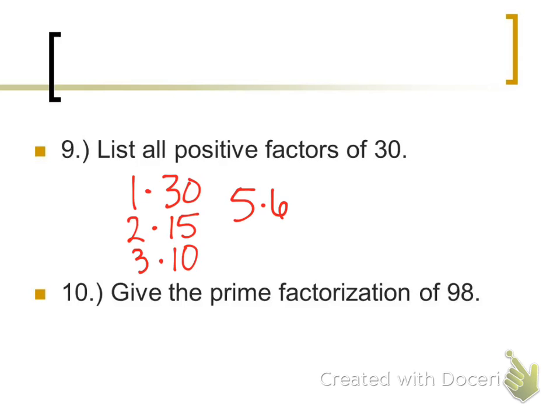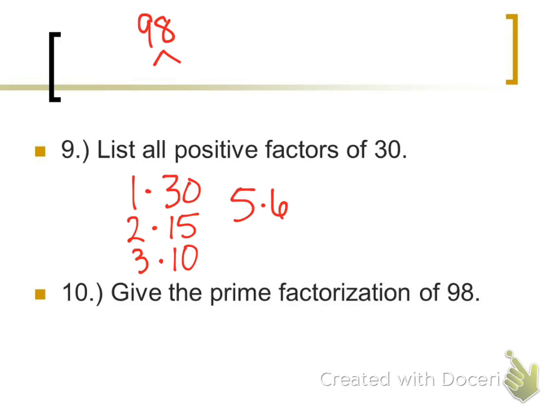Next, we've got the prime factorization of 98, which means we have to start breaking it down. What can I break 98 into? If we're doing the prime factorization, we're doing a tree. We don't put 1s on trees.